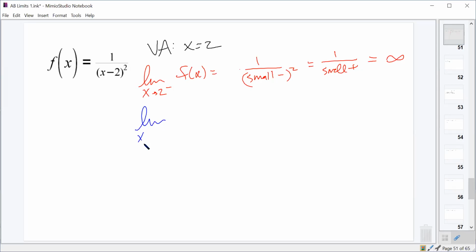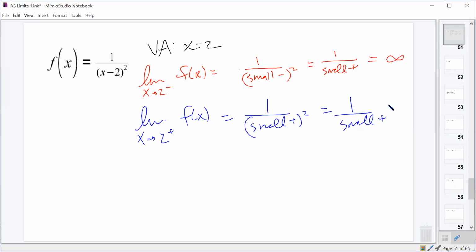And what if we look at the limit as x approaches 2 to the right of that? Well, that's just 1 over a very small positive squared, which is still 1 over a small positive, which is then positive infinity. Good or no? Yes.